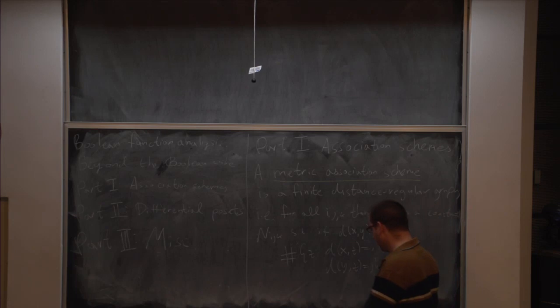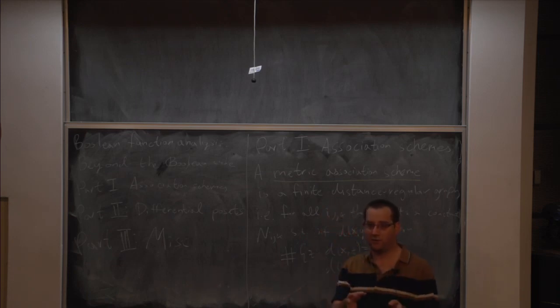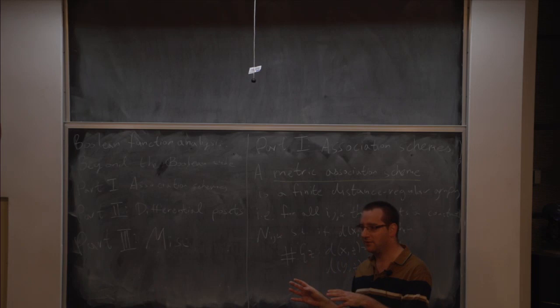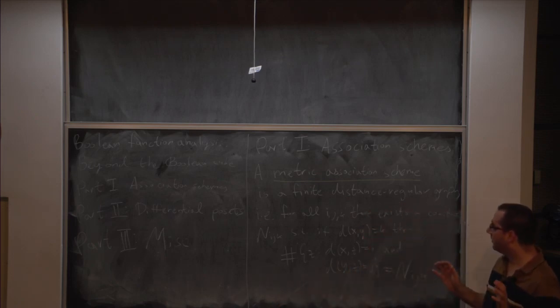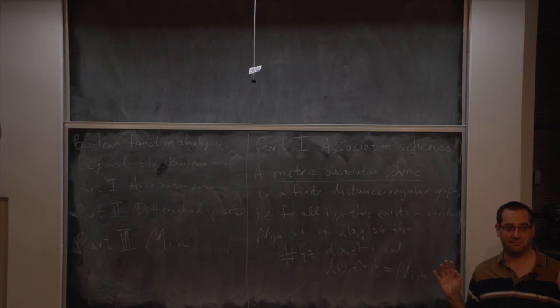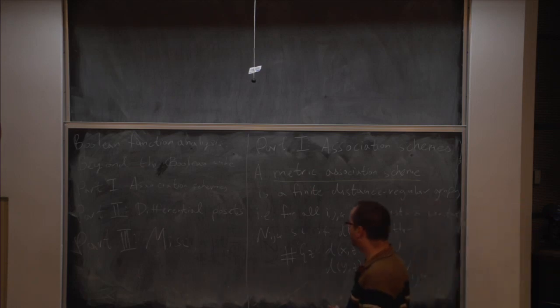So again, if I give you two numbers, i and j, and I give you two vertices, x and y, and I want to know how many vertices are at distance i from the first one and j from the second one, then this only depends on the distance between the two original vertices. Okay, this is a distance regular graph, and this is the same as a metric association scheme. So it's a pretty simple definition.